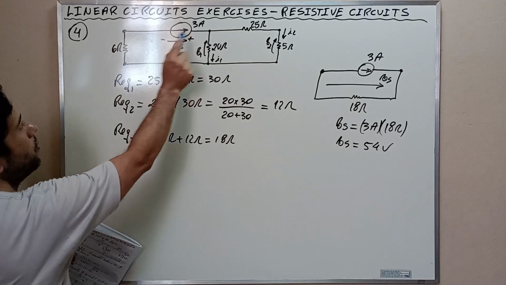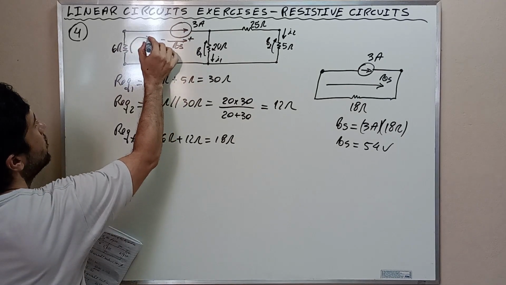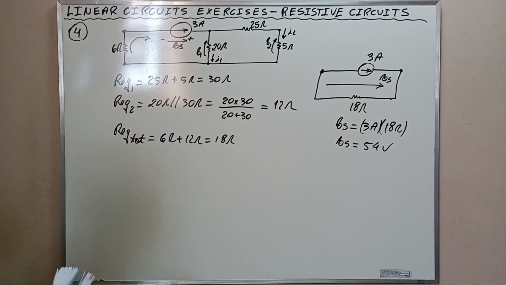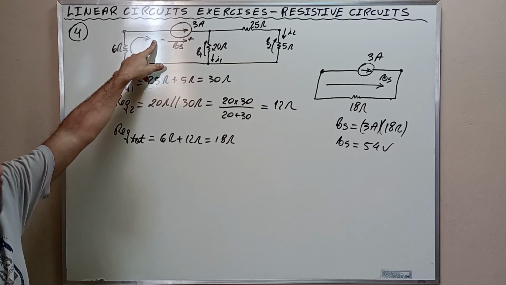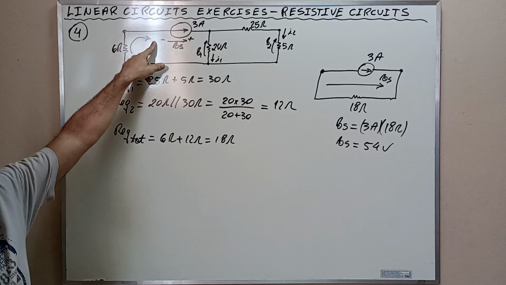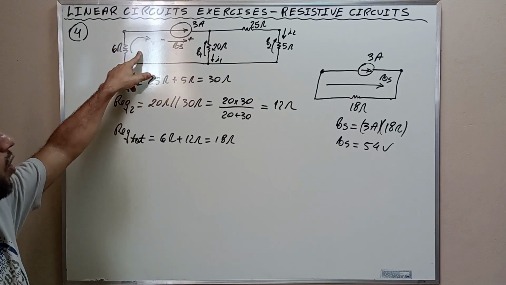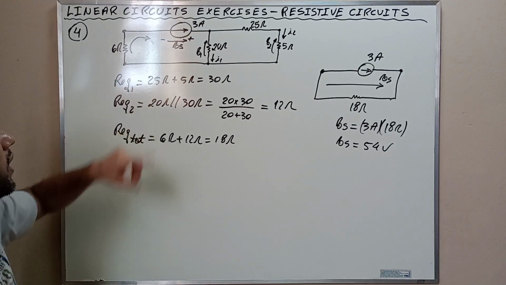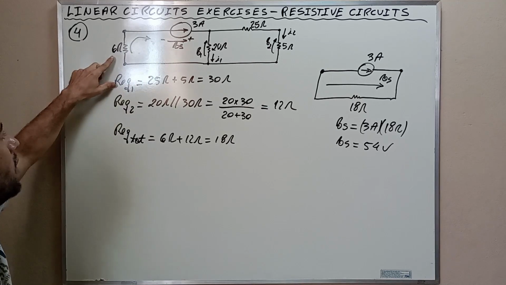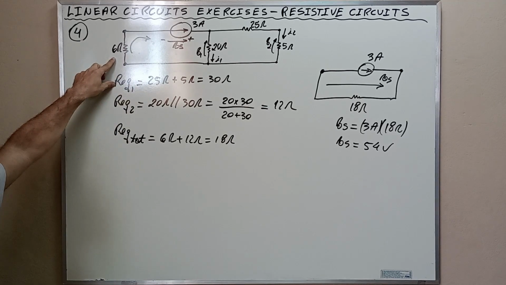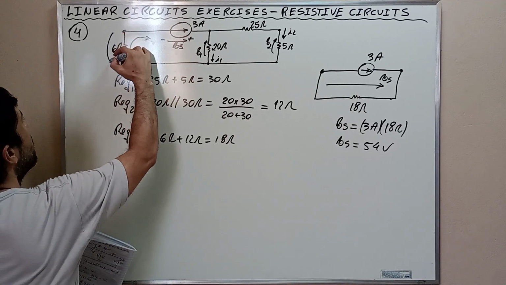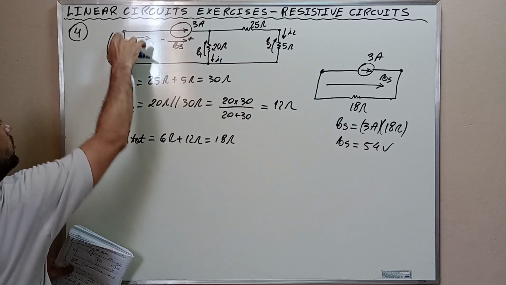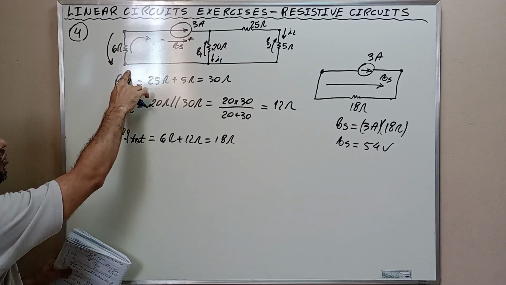Observe that 3 amps flows in this direction here, okay? Whenever we have a current source, the current of the current source is the only current that flows in its own branch, okay? So we know that the current that flows through this 6 ohms resistor is 3 amps. There is going to be a voltage drop here, and from this point to this point there is a voltage drop.